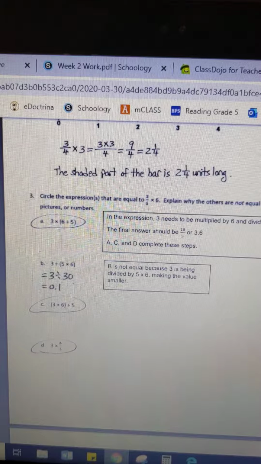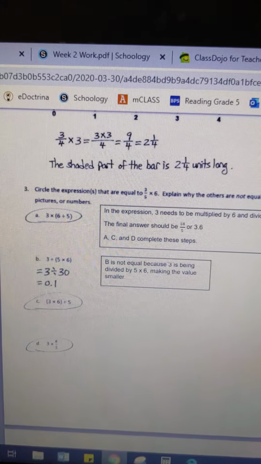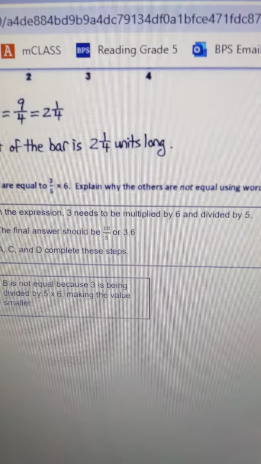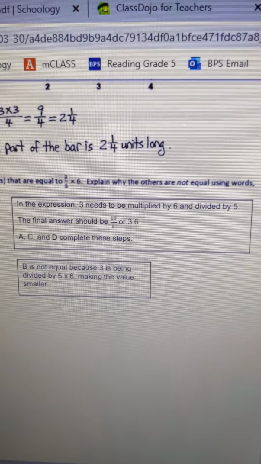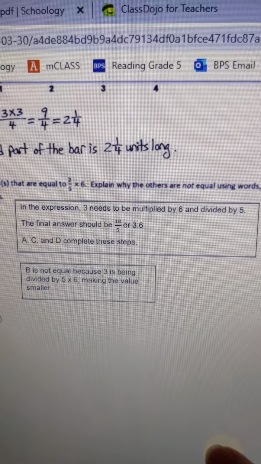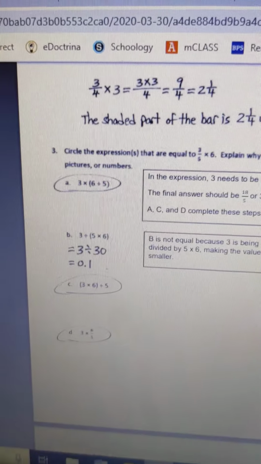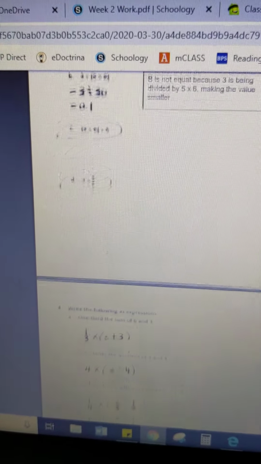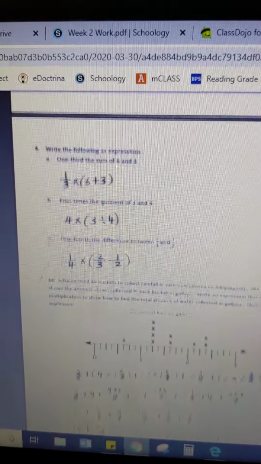So most of them are equivalent. There's only one that is not, and here is kind of the rationale for that. Again, pause if you need it. Rewind. Fast forward.